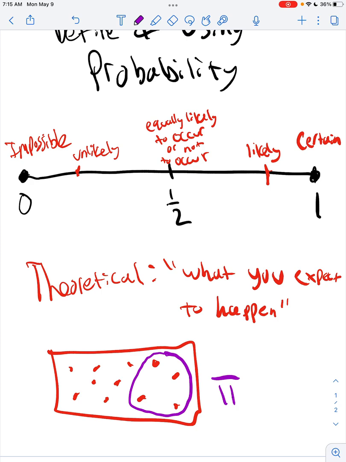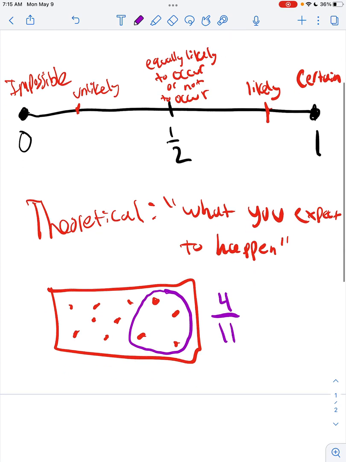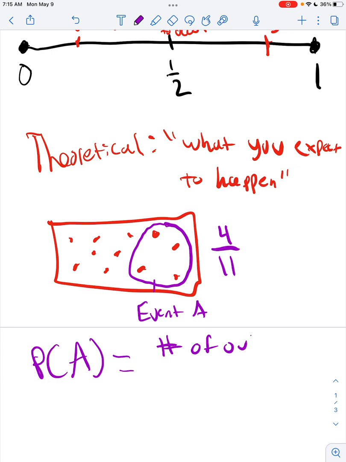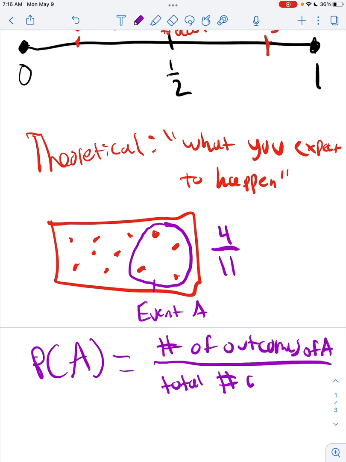There's 11 total, and there's 4 in these dots. So theoretical probability works like this: if you're trying to find the probability of A, and this purple circle is event A, you would take the number of outcomes of A on top and then divide it by the total number of outcomes.